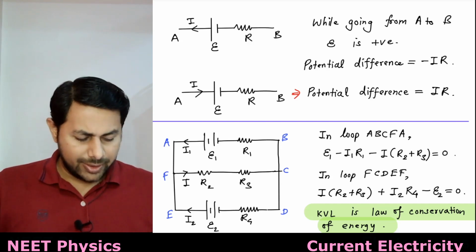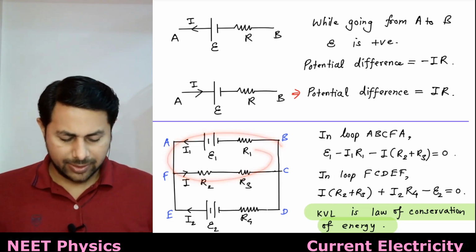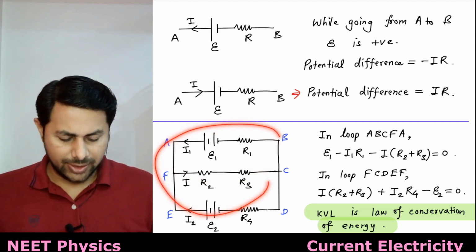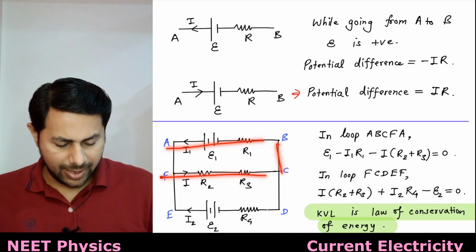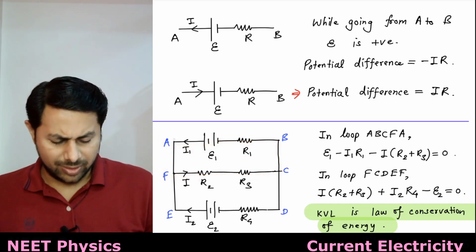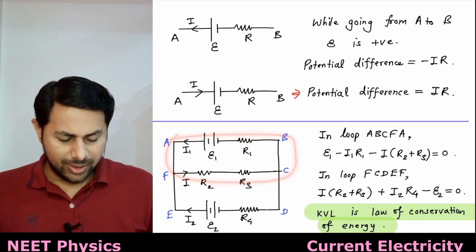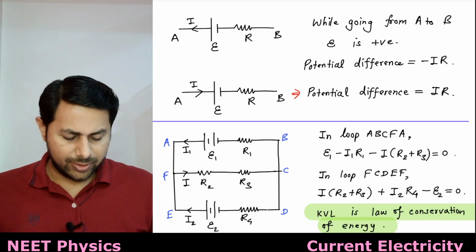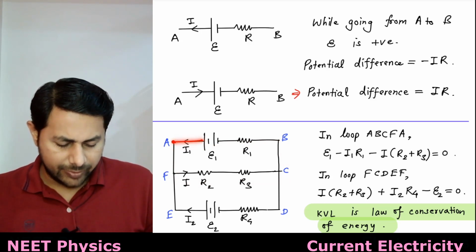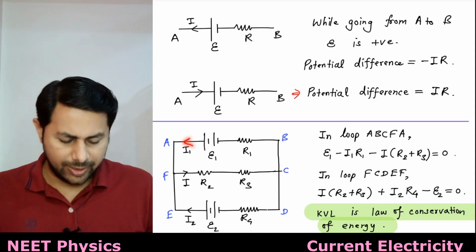So now we can apply these laws. For example, you have the circuit. Consider this loop. Which loop? A, B, C, F, A. A loop should start from some point and end at the same point. So A, B, C, F, A, this is the loop. Then you are going here in opposite direction of current. Current is shown this way.